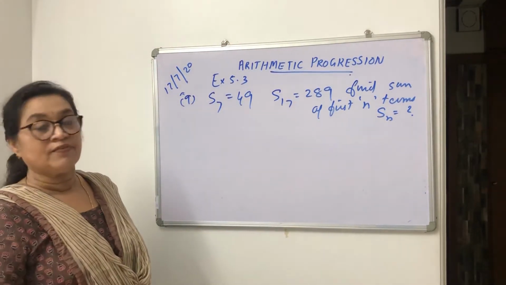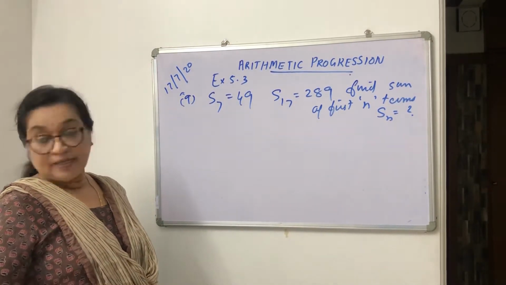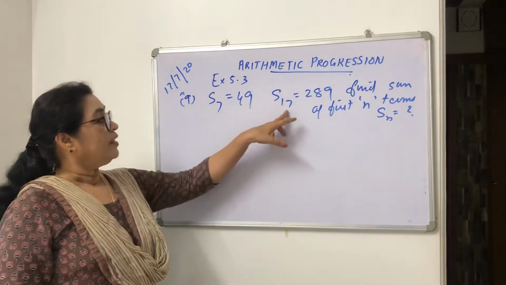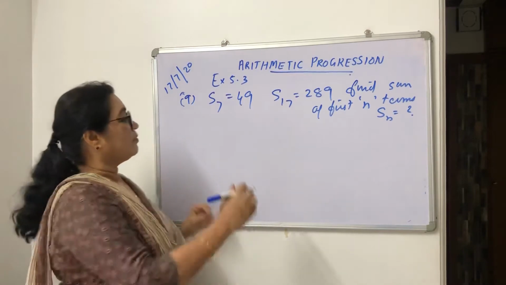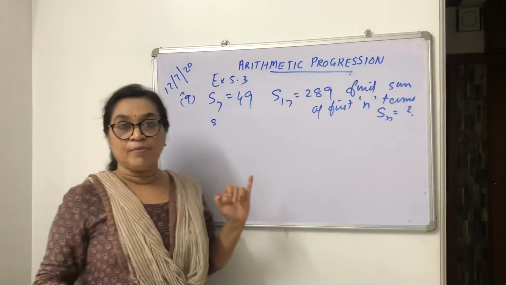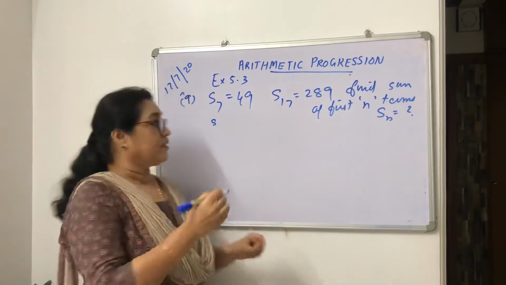So what are the given things? Given things are S7 is 49 and S17 is 289. So I am writing Sn equal to n by 2 into 2a plus n minus 1 into d.